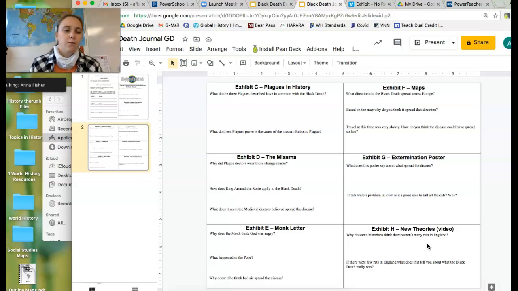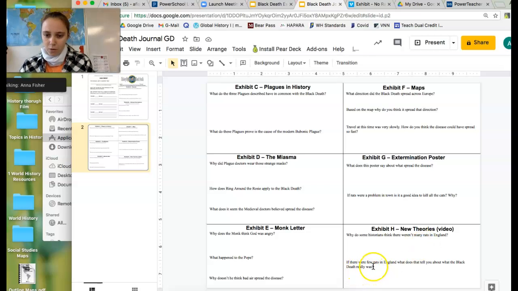A big reason for that is black rats are never really found in rural areas. And the disease still spread in rural areas. So if it was spreading just on rats, why would it still spread to these rural areas? There's not really an answer for that with this simple rats-did-it type of thing.